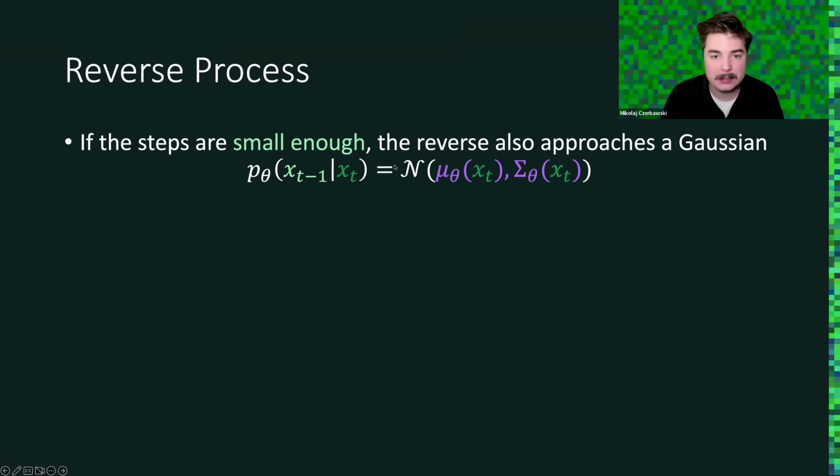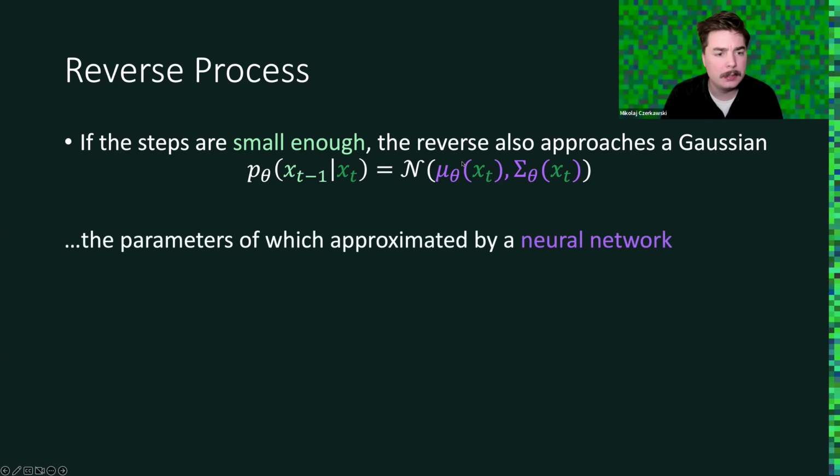Now, the tricky part is to find the parameters of the distribution, and these parameters will depend on the given sample xt. Okay, so to get the previous step in the diffusion, what could have been the cleaner sample, we actually need to approximate these parameters based on the current step. So commonly neural networks are used for that because they act as a very useful tool for parameterizing these distributions.